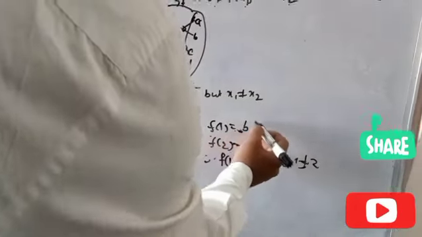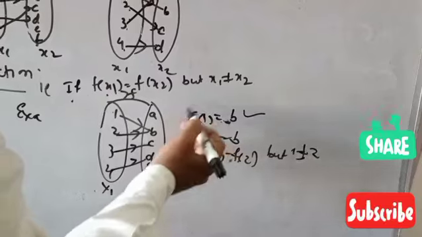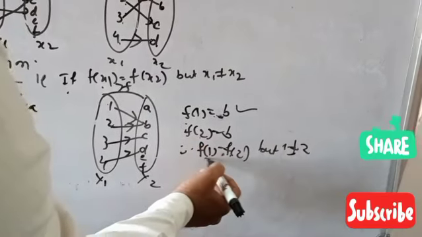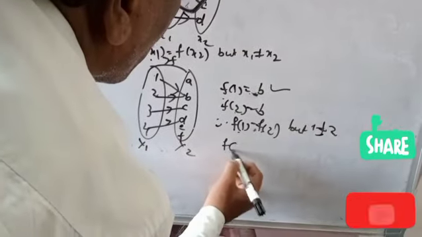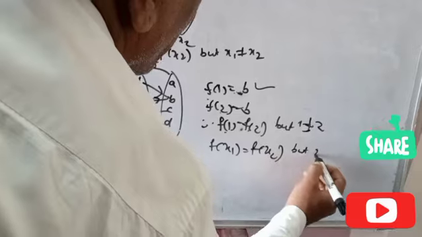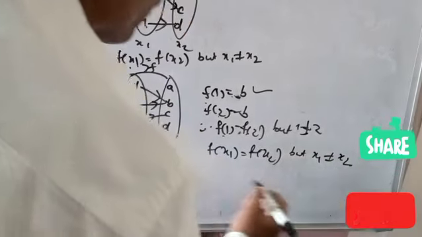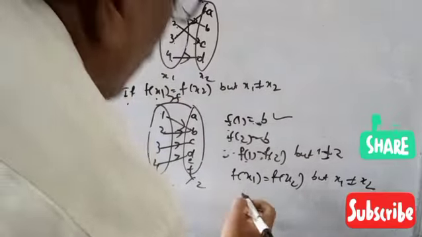But f of 1 is equal to b and f of 2 is equal to b. Both values are equal here. Therefore, f of 1 is equal to f of 2, but 1 is not equal to 2. Therefore, here the condition f of x1 is equal to f of x2 holds, but x1 is not equal to x2.